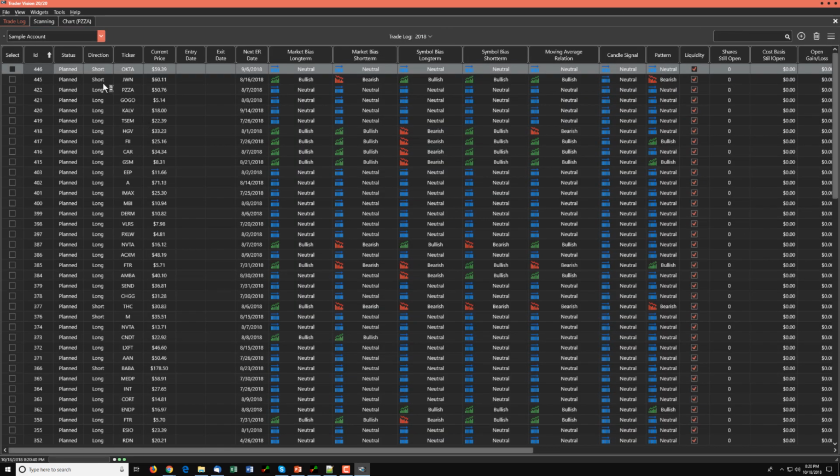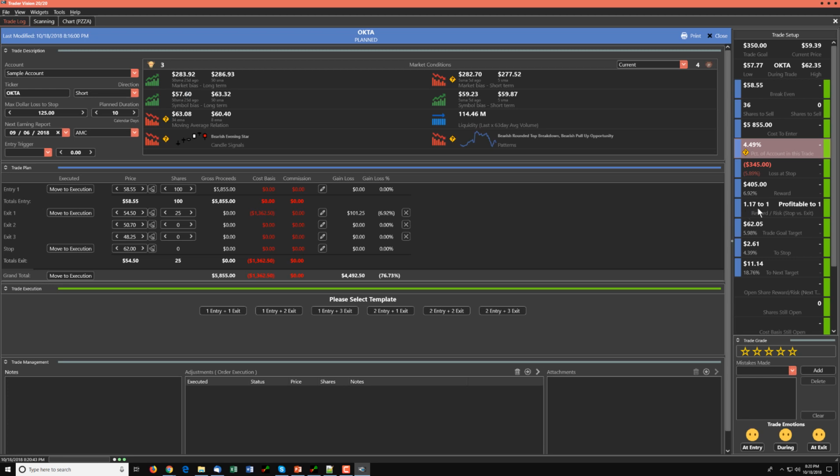Boy, didn't help a lot. So again, this is not going to work unless you can see this running past that first target on down to that second target. But it is what it is.